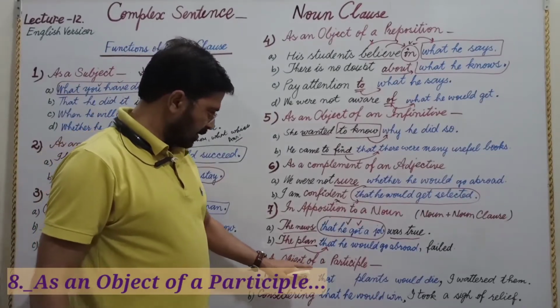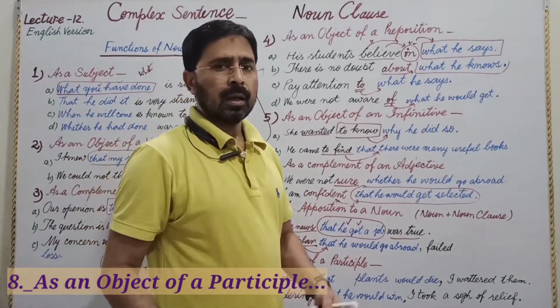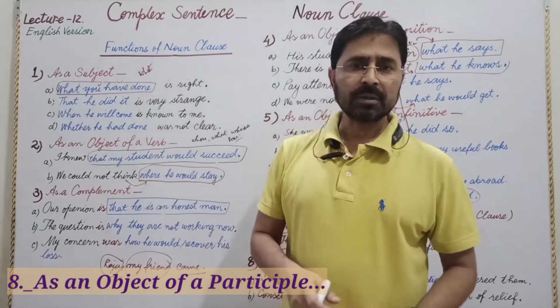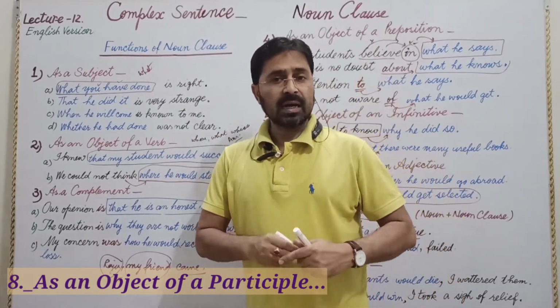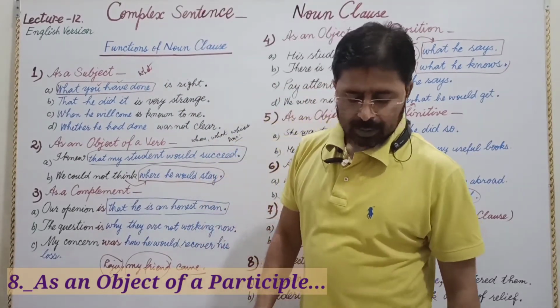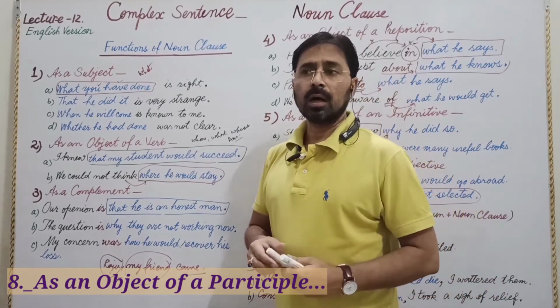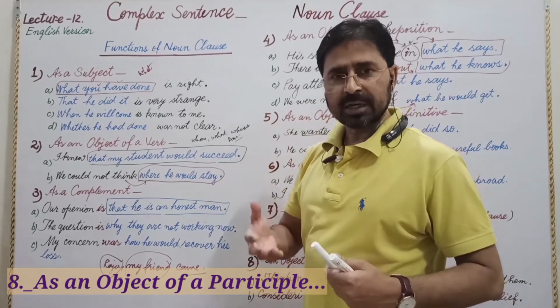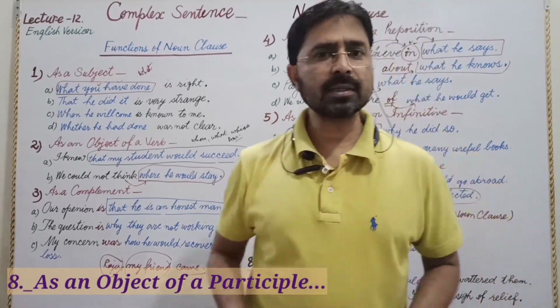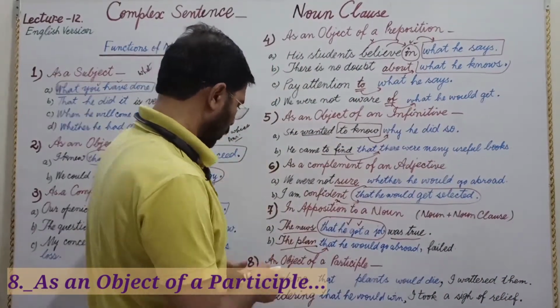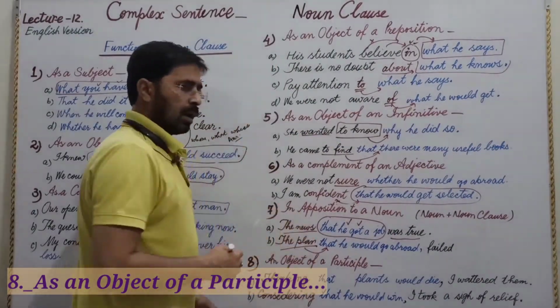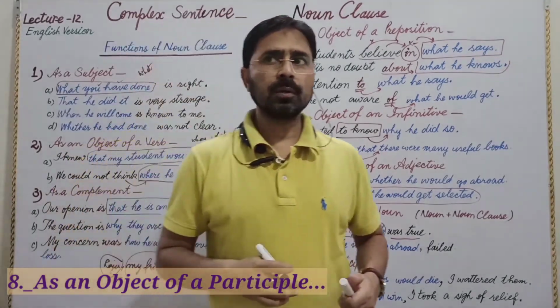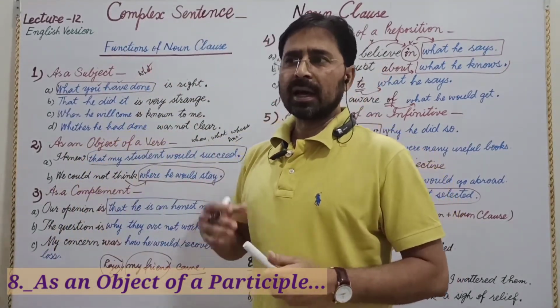At last, an object of a participle. Now let's understand what is participle. Participle is a base form plus ing that does the work of an adjective. Then what do you do in participle? Suppose, while running I saw a boy.